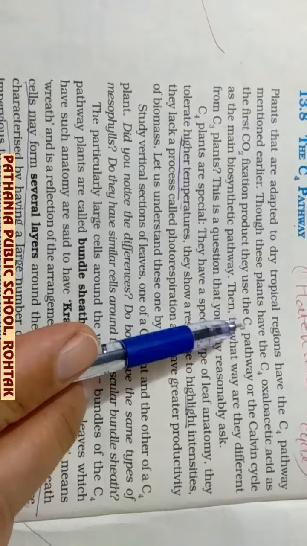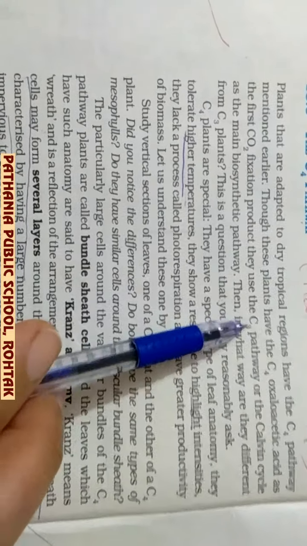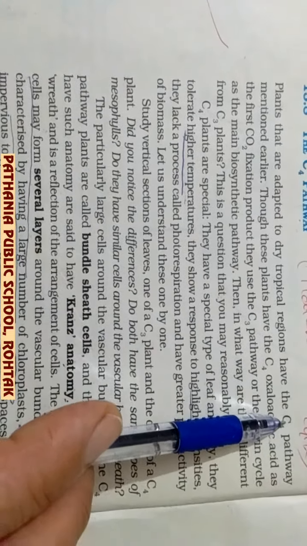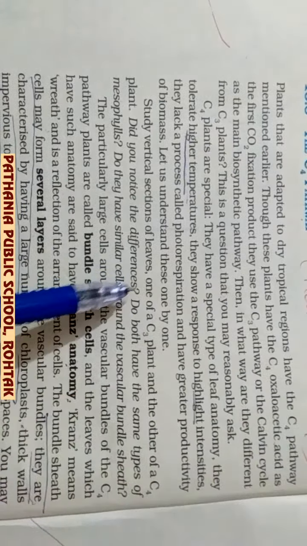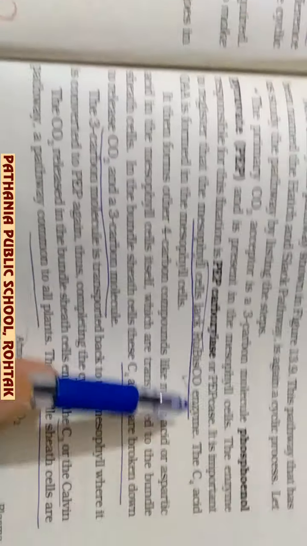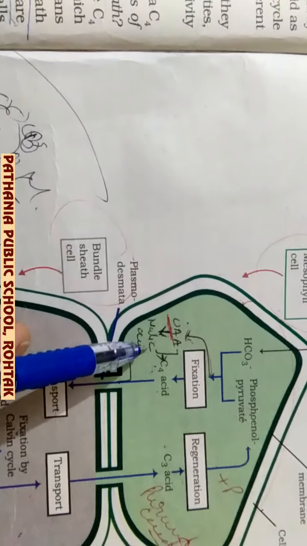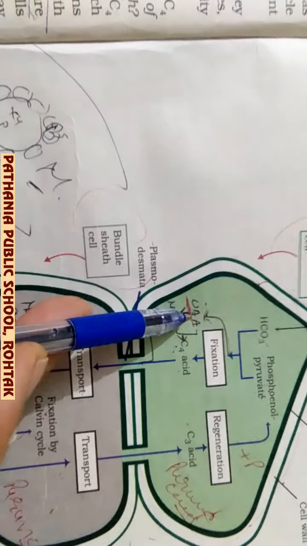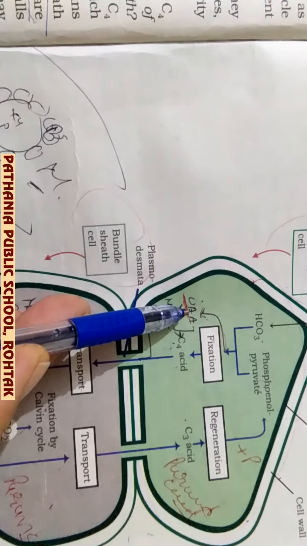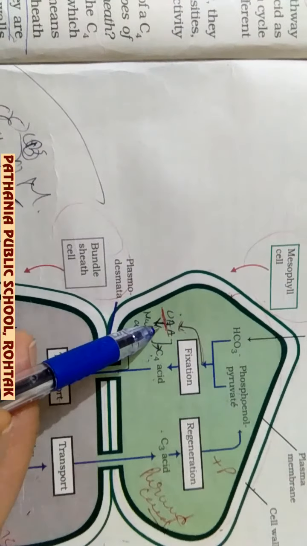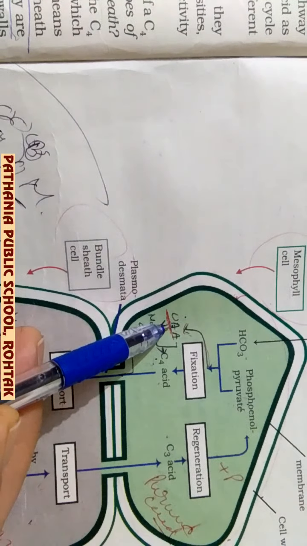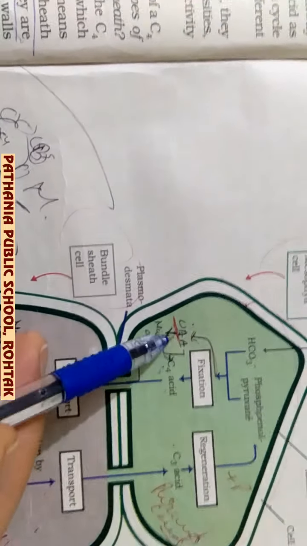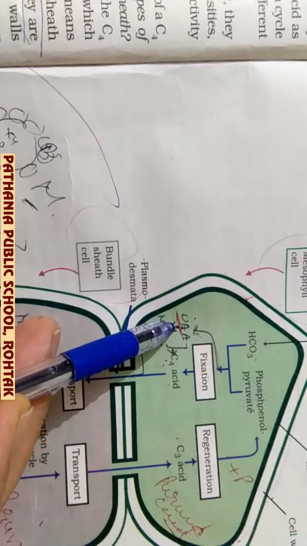But in some other plants, the first stable product formed is oxaloacetic acid, a 4 carbon compound.